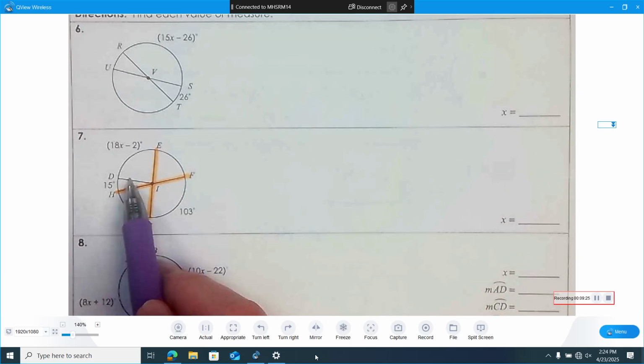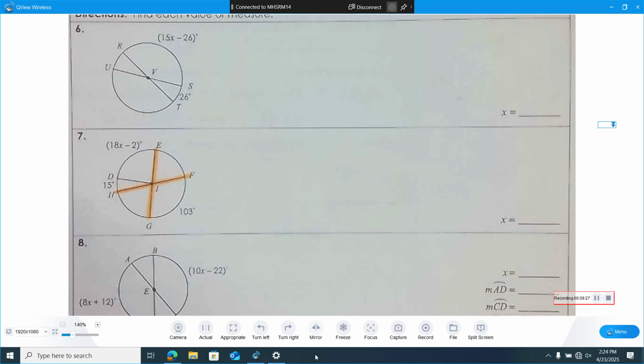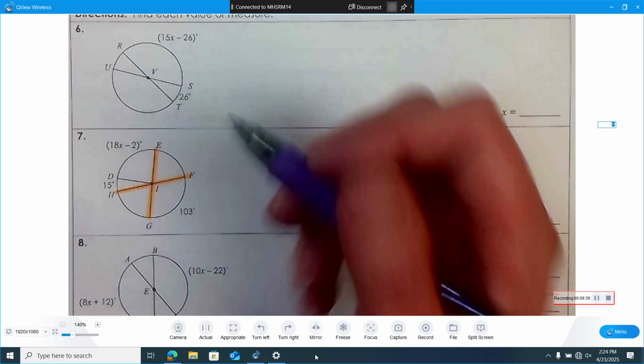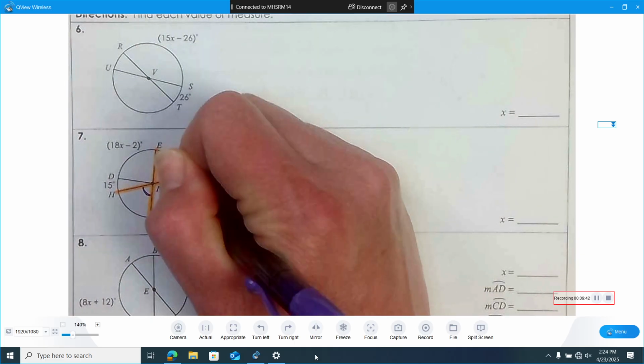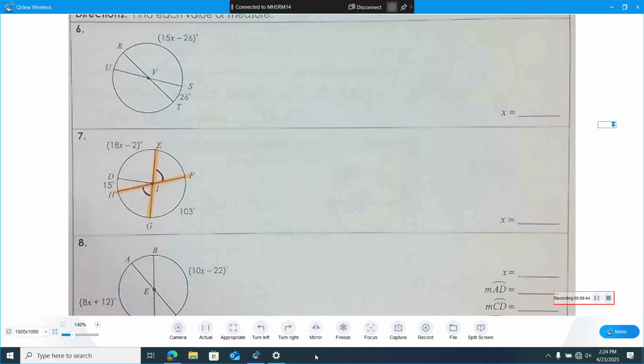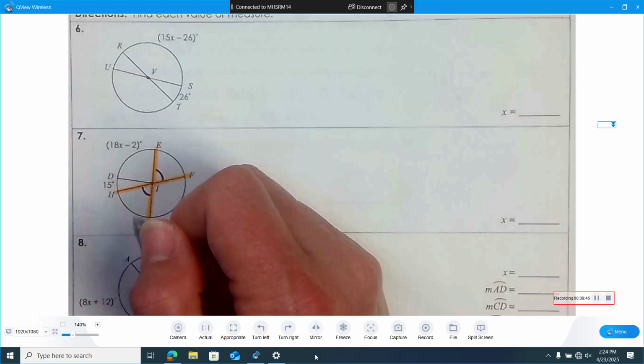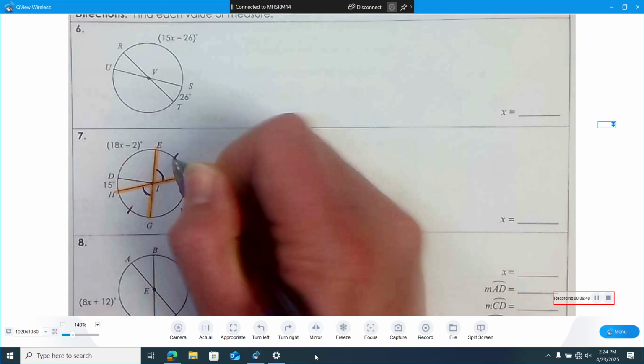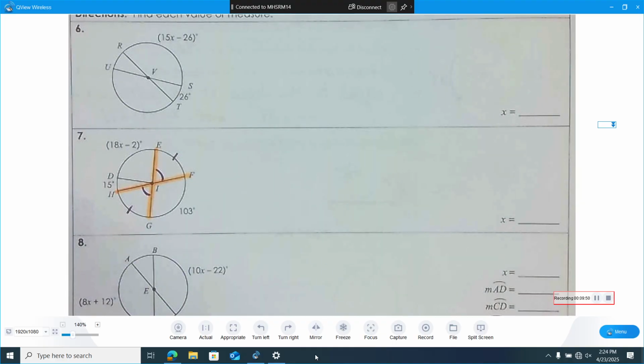We do have a little radii in there. Do you notice anything else? Vertical angles. Very good. We do have some vertical angles, which means that we also have some congruent arcs.